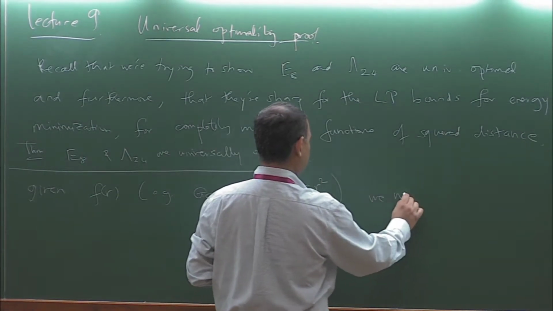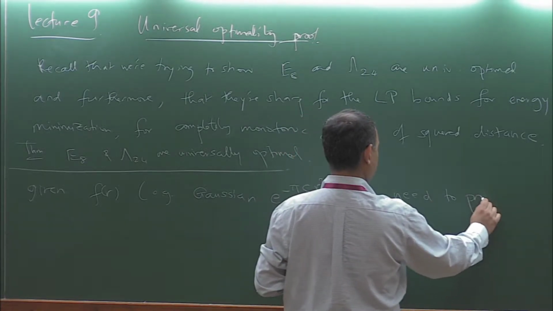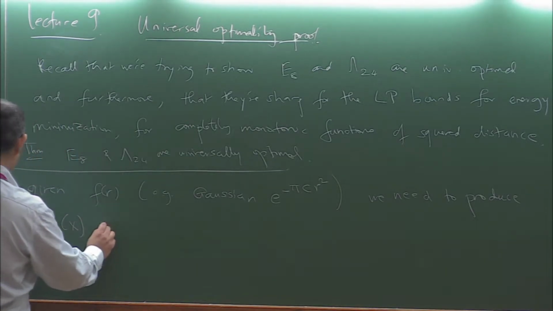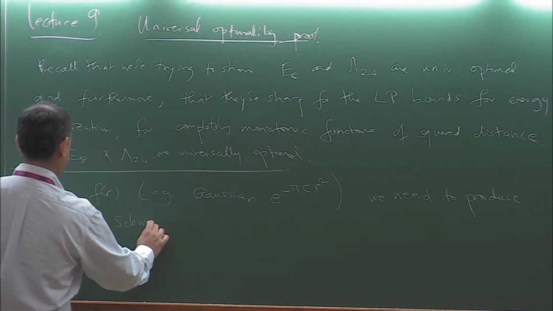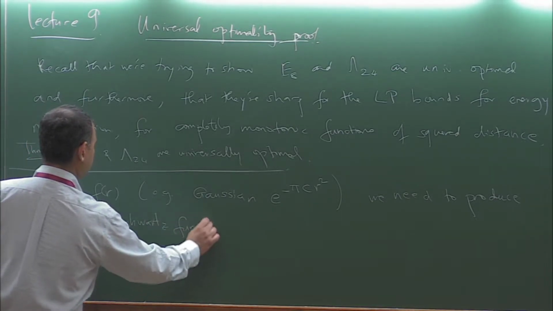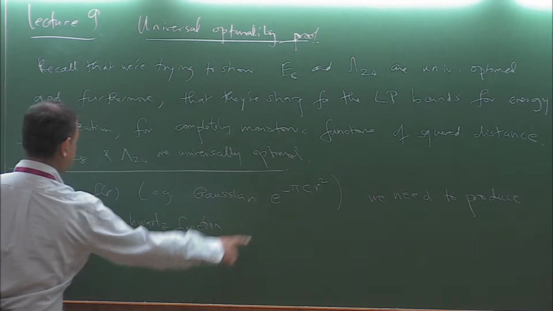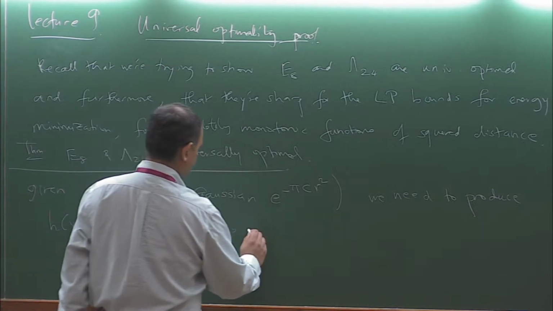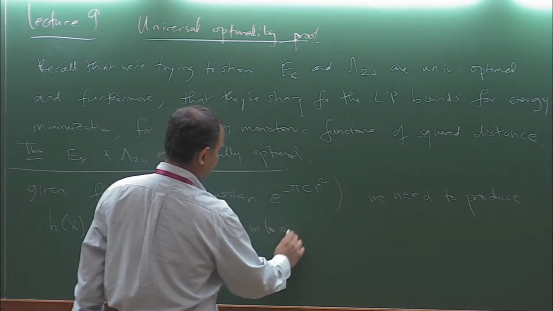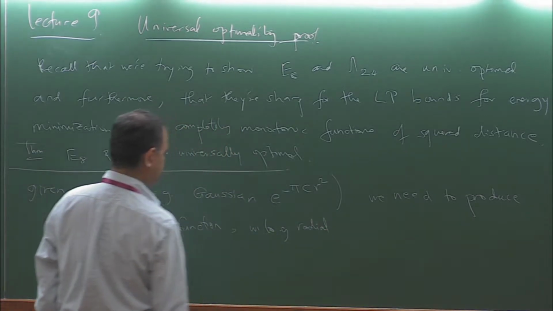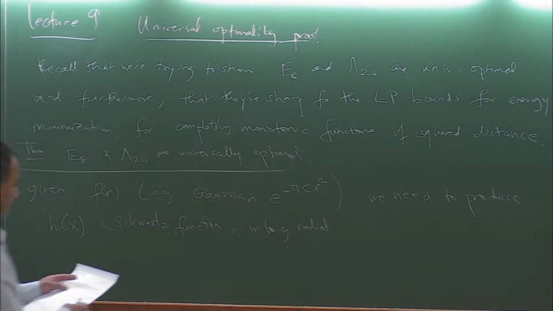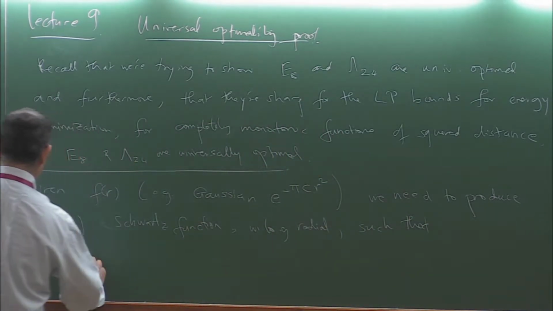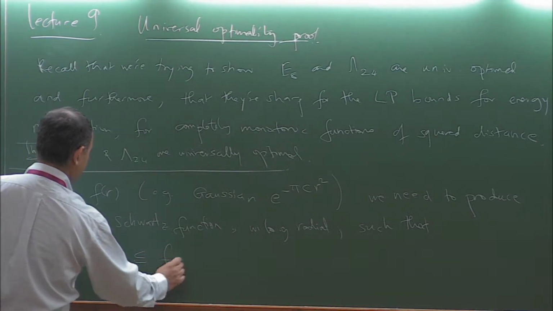We need to produce h of x, a Schwartz function, let's say, and without loss of generality, it's radial, so it's just a function of the distance from the origin, such that h of x is less than or equal to f of x.